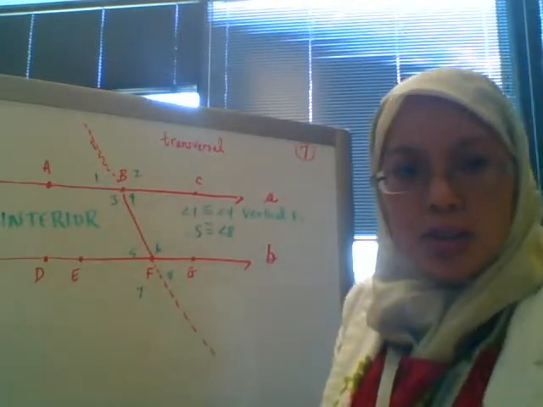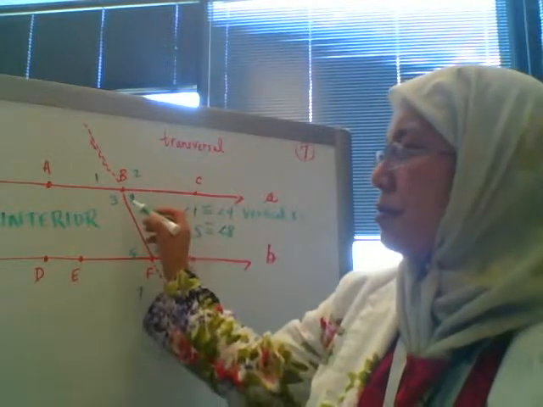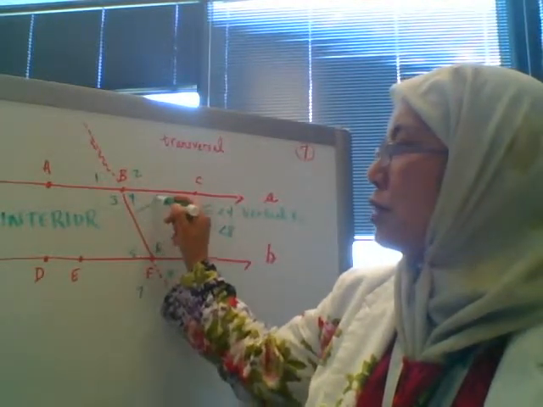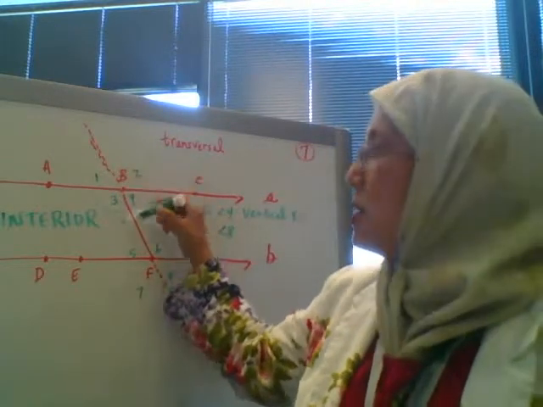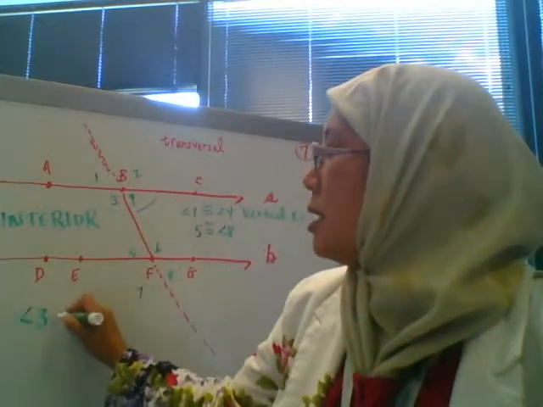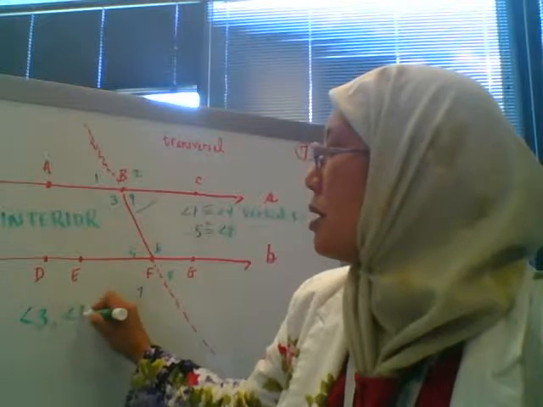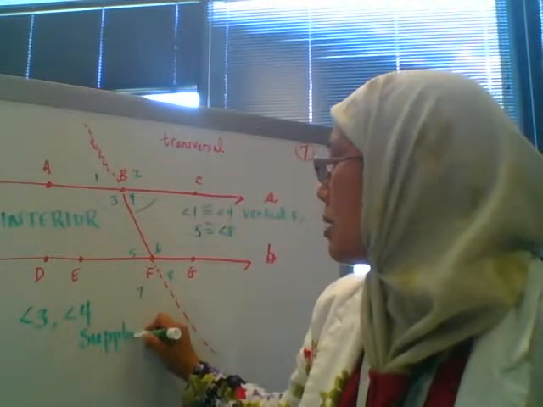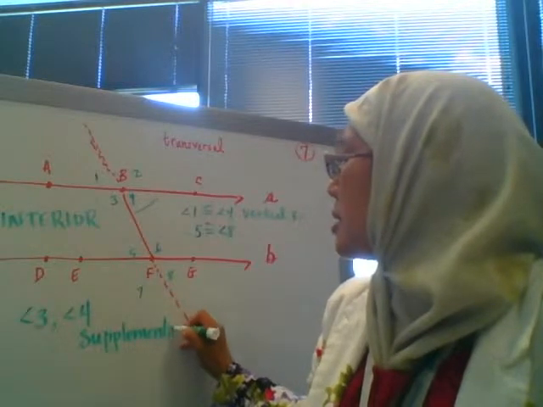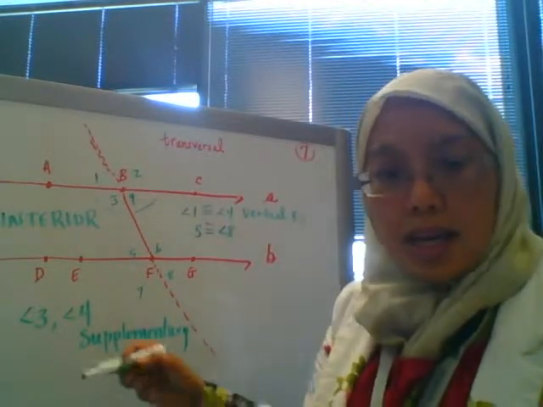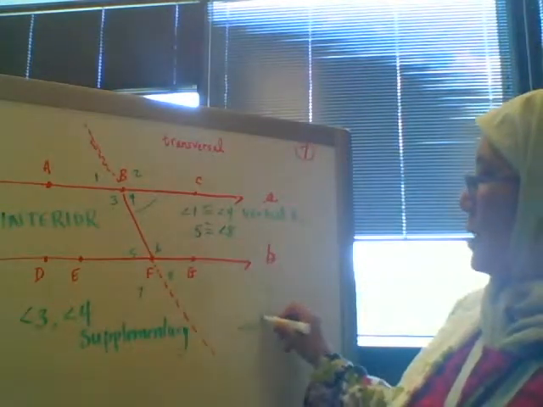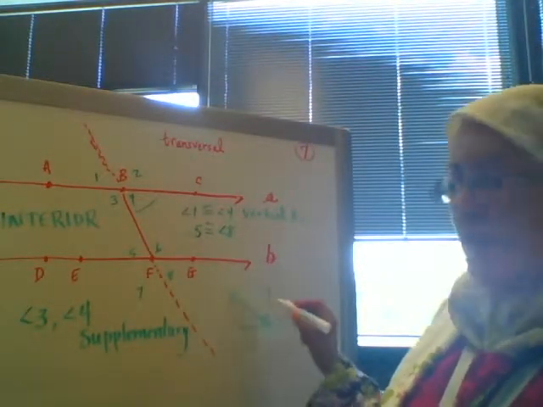What is the relationship between angle 3 and 4? Well, if you add angle 3 plus angle 4, you're going to get a line. So angle 3 and angle 4 are what we call supplementary angles. They will add up to 180. Anything on a line is supplementary. Anything that adds to 90 degrees is called complementary.